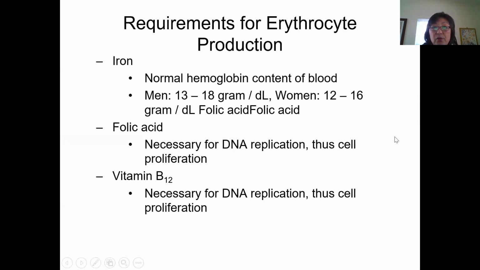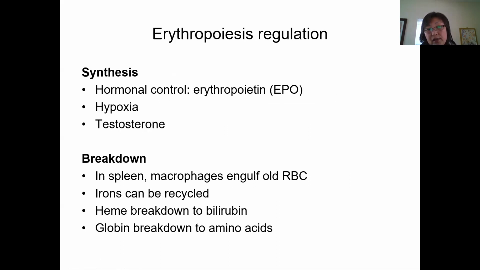Okay, to make RBCs, we do need all these materials, okay? An important one, you all know, is iron, that is a part of the heme group. Without iron, you cannot make functional hemoglobin, and that means you cannot carry oxygen.